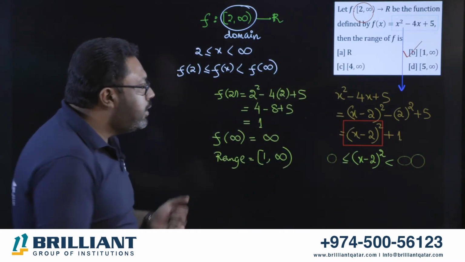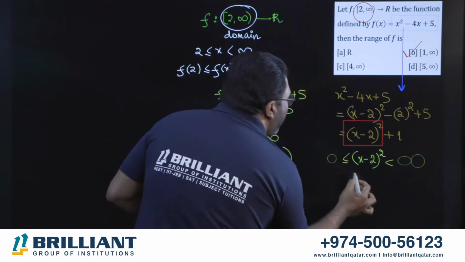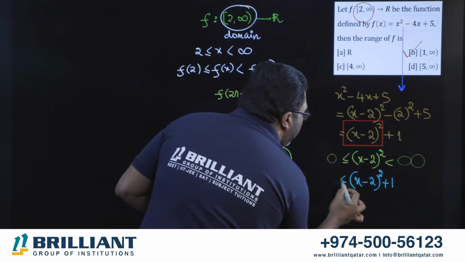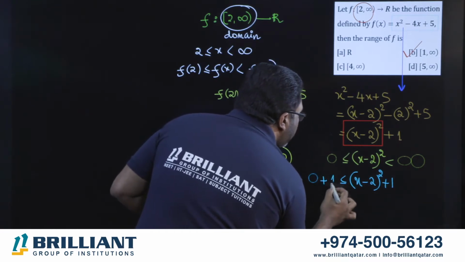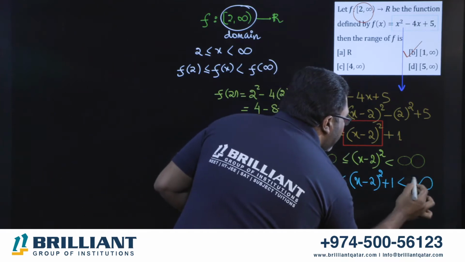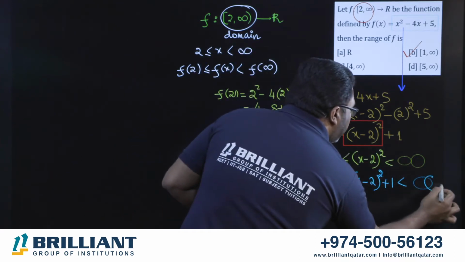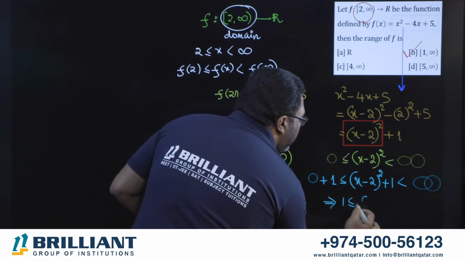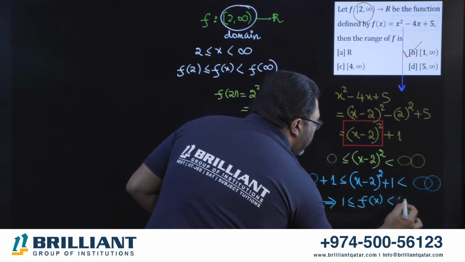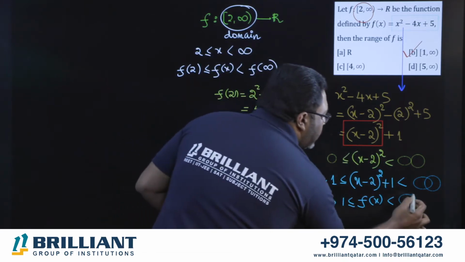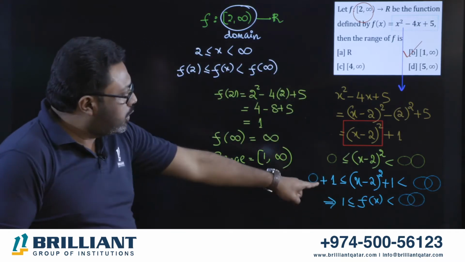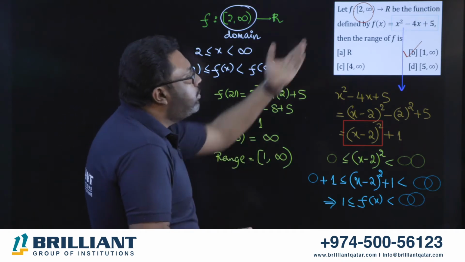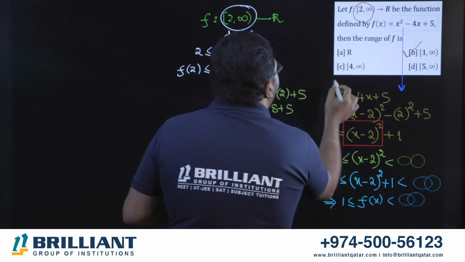So x minus 2 squared plus 1 is going to be a value between 0 plus 1 and infinity. So 1 is less than or equal to f of x, which is less than infinity. So what is the range? 1 to infinity. If they do not give me the domain, please use the completing the square method.